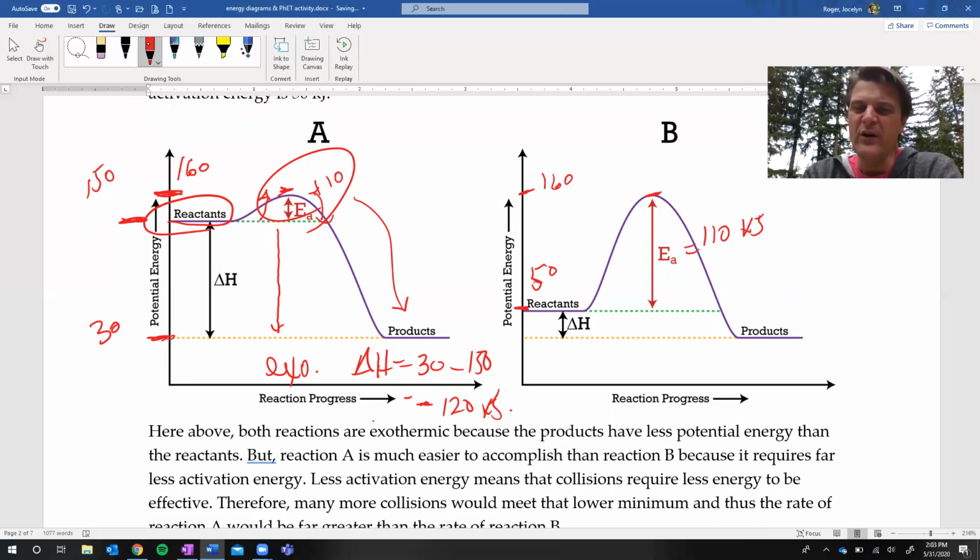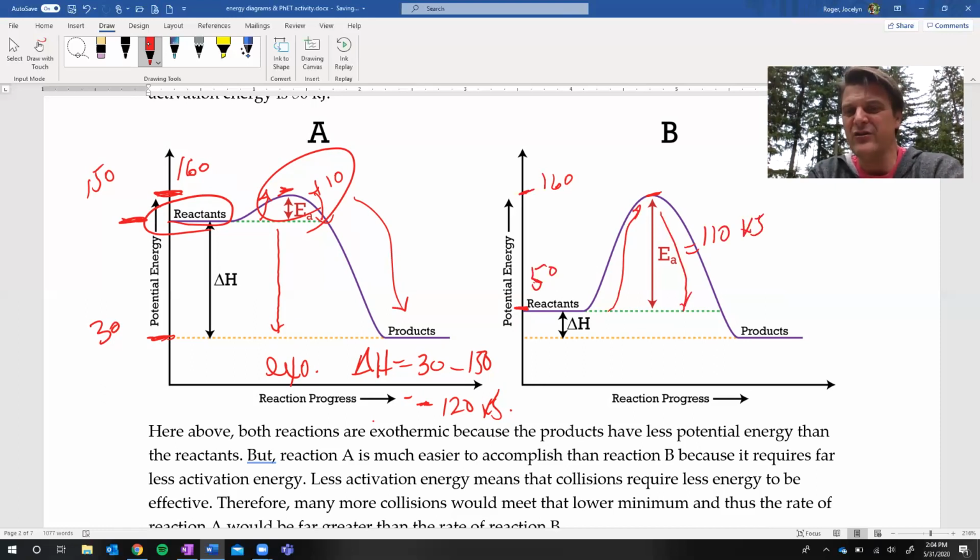So that's a lot more energy that you need to put in to get this reaction to go. Generally speaking, reactions with high activation energy are slow reactions. We were just talking about rates previously, right? So it's going to be very difficult to have an effective collision because the activation energy is so high. But like in the previous case, you put 110 in, you get 110 out.